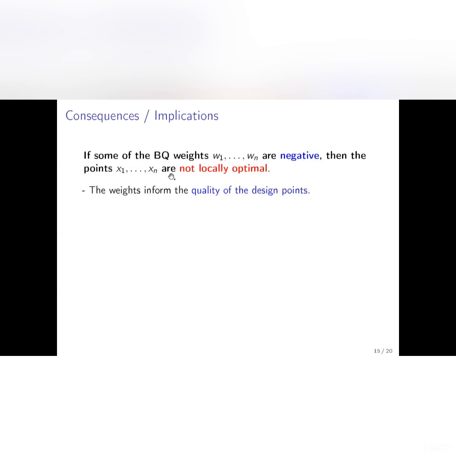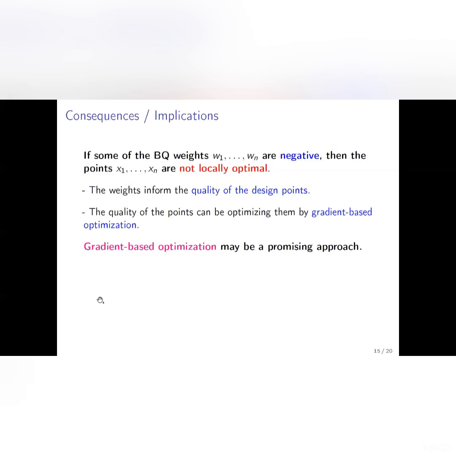So you can use the weights to know the quality of the design points. And given that some of the weights are negative, you can still optimize the design points by gradient-based optimization. What you need to try is to find points where the gradient vanishes.